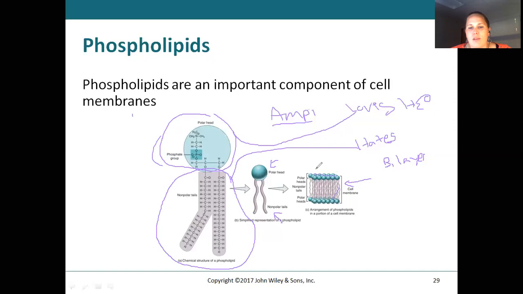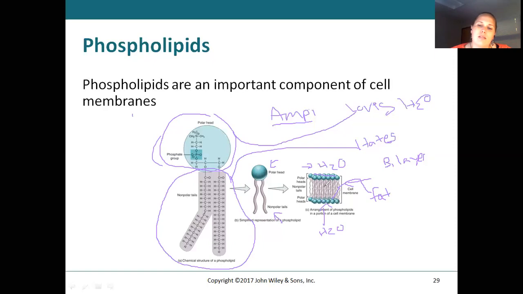So the water-loving heads are sticking out, hanging out here with all the water. They love being outside. And this is also facing inside of the cell, which is also comprised of water. And then it's got this nice fat layer. So you can think of each one of your cells as having this nice fat layer around it.